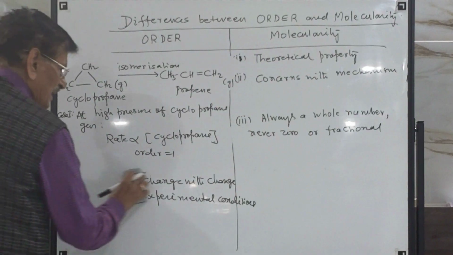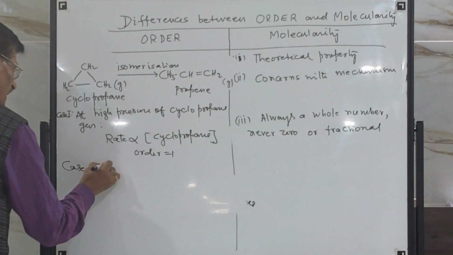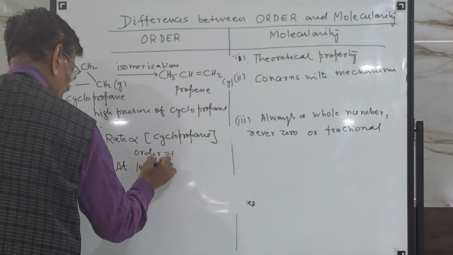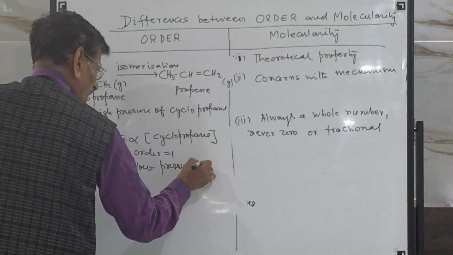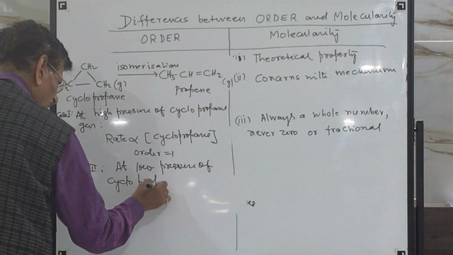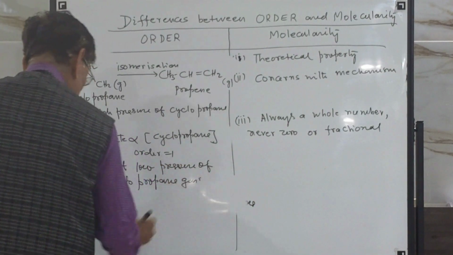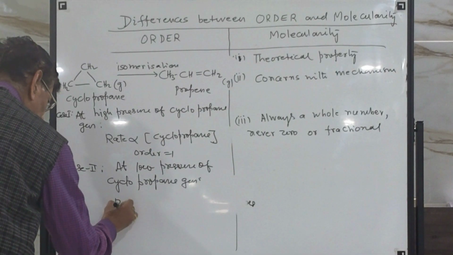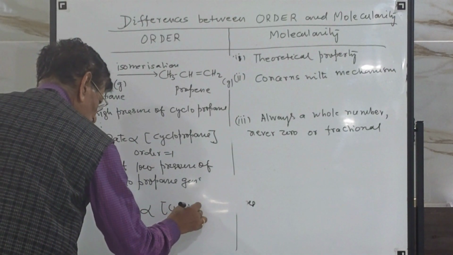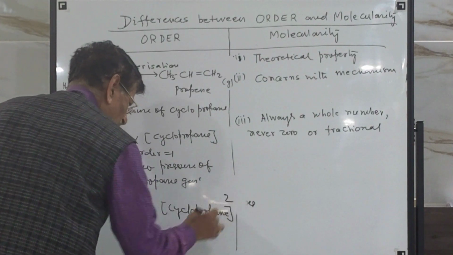And in another case, case 2, at low pressure of cyclopropane gas, the rate law of this reaction has been found to be proportional to the concentration of cyclopropane to the power 2.